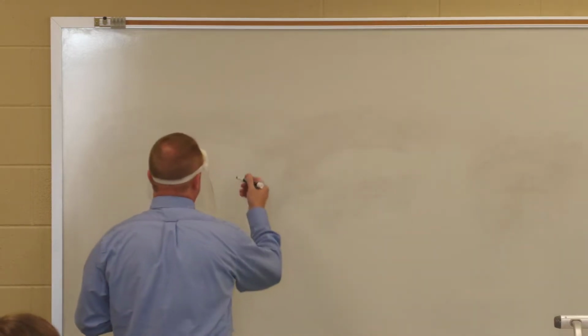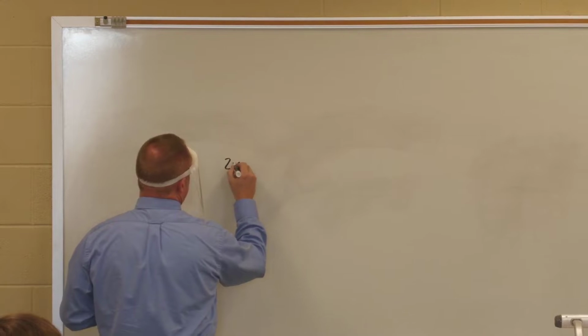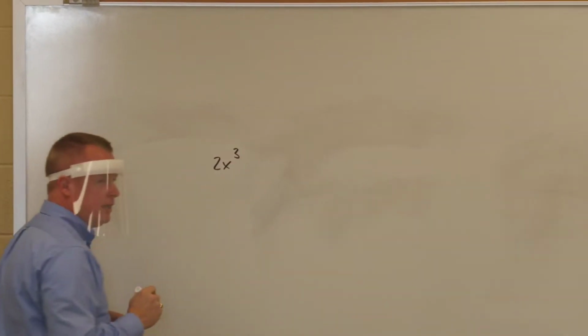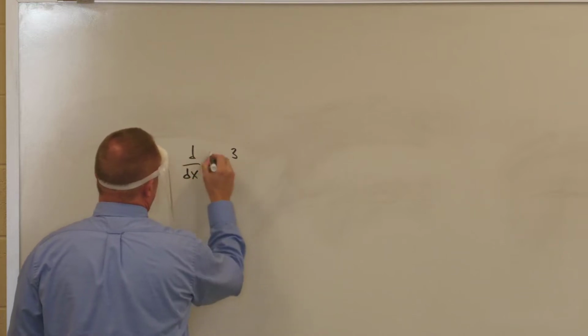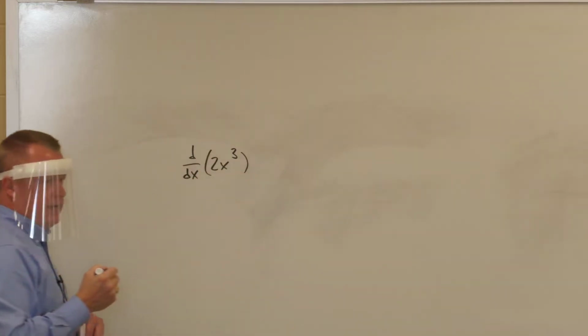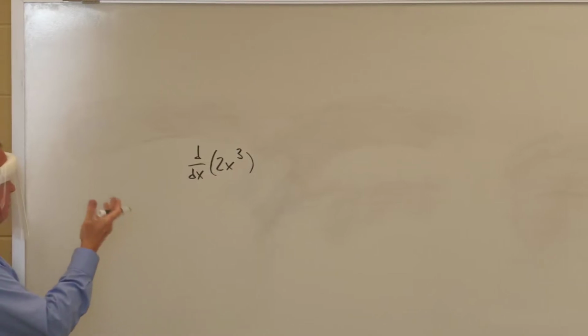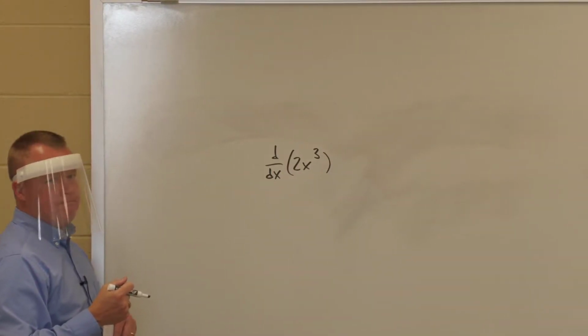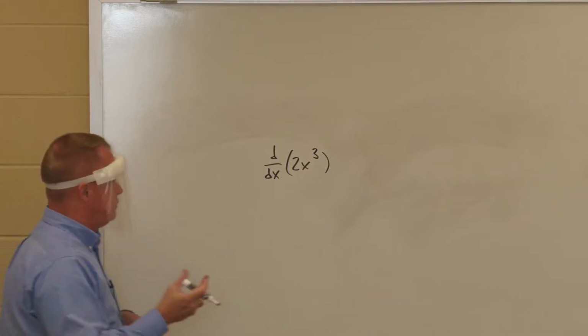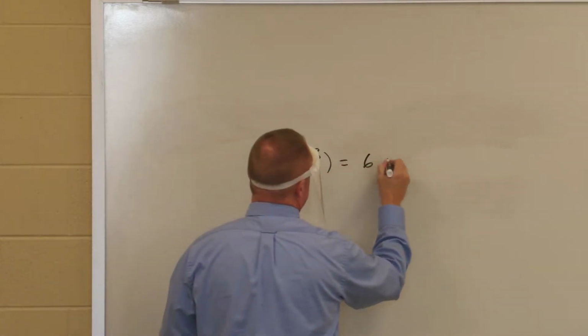So if we took 2x to the third power, what is the derivative with respect to x of 2x cubed? 6x squared, all right? There you go.